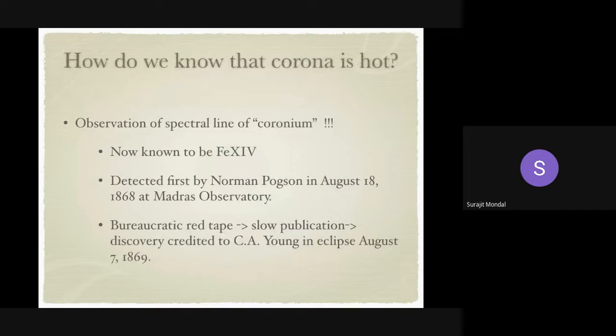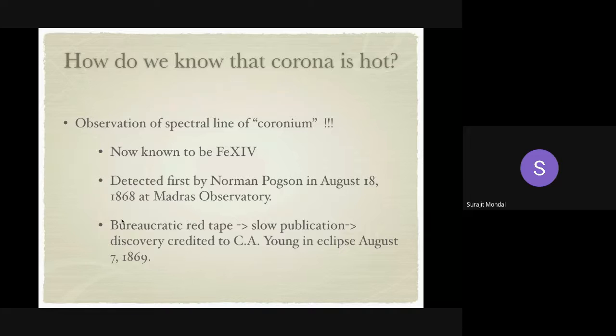Now, how do we know that the corona is hot? I will talk about some history here. Initially, in the 19th century, people observed a spectral line whose source was not known, but which came from the corona. Hence, they named it coronium, because it was only observed from the solar corona. It was first detected by this person in 1868 at the Madras Observatory in India.